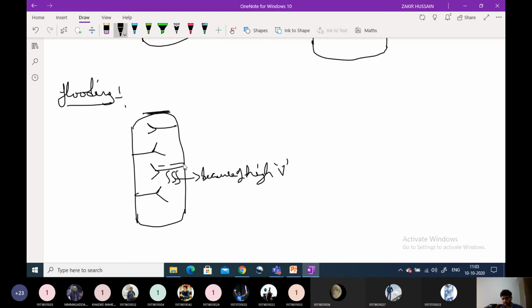Because of this high V, the liquid which is on this plate will be carried to the plate above. This is called entrainment. At very high flow rates of vapor, the liquid is carried by the vapor to the next plate above, which is called entrainment.